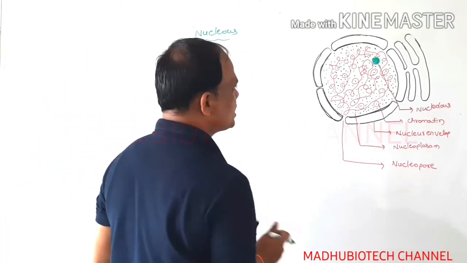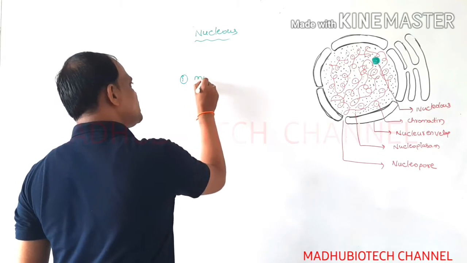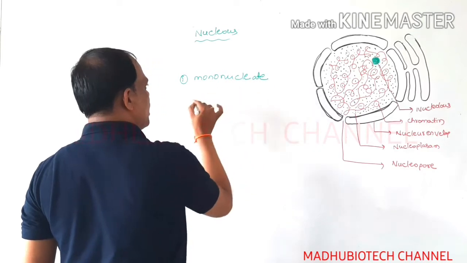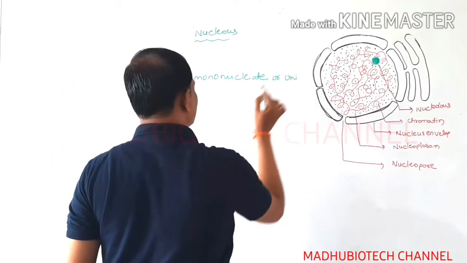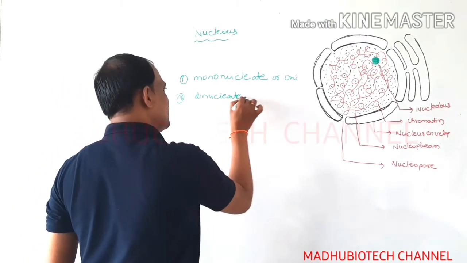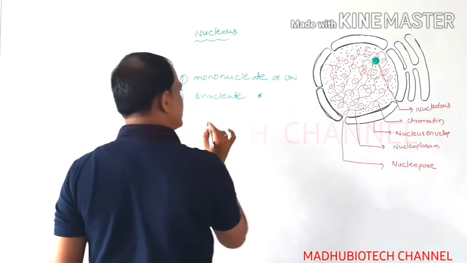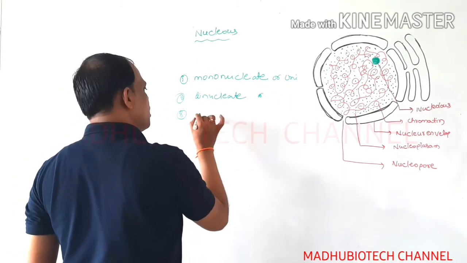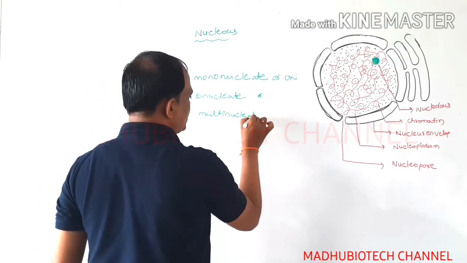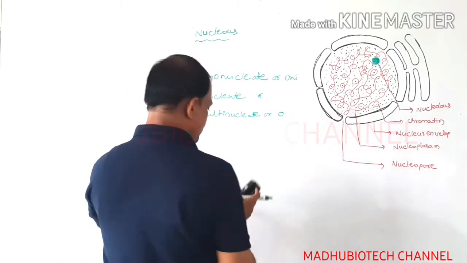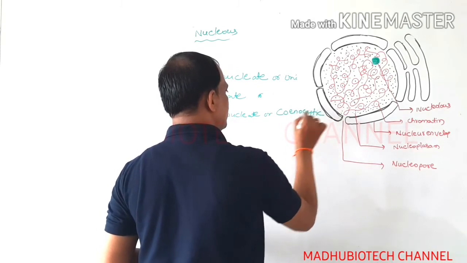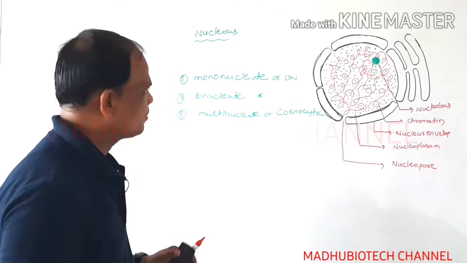Mainly, cells are mononucleate or uninucleate, the second type is dinucleate or binucleate, and the third type is multinucleate or coenocytic cells.